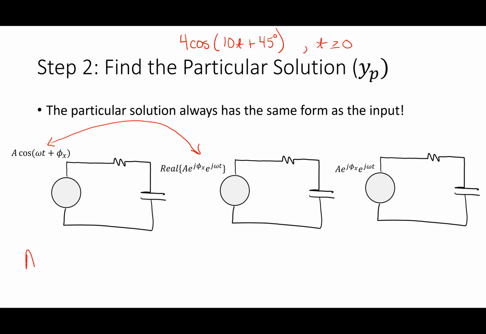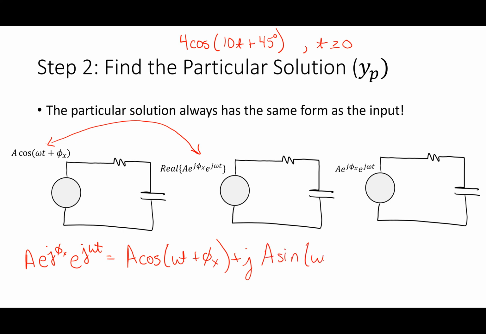If I wrote out for myself a times e to the j phi x e to the j omega t, this would be a cosine omega t plus phi x plus j times a sine omega t plus phi x.